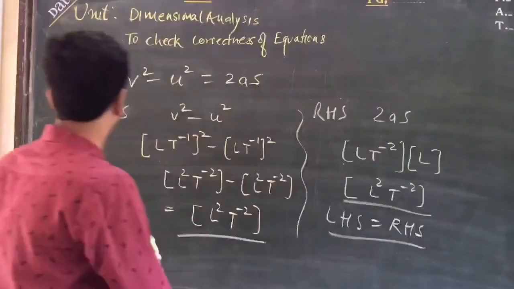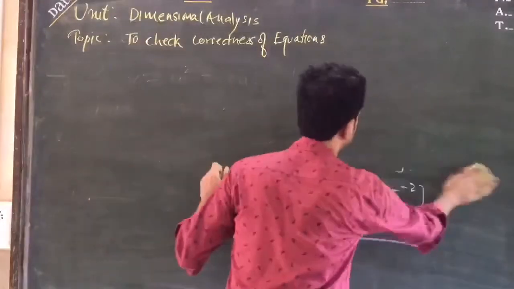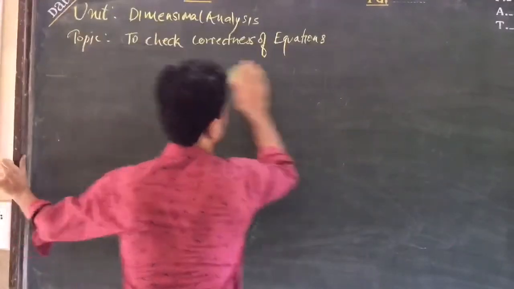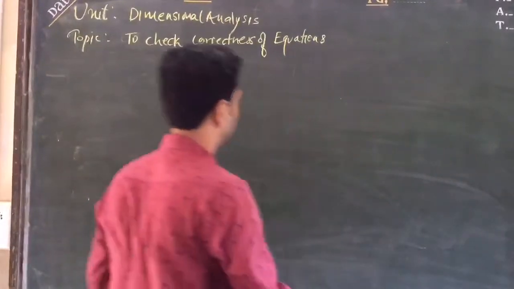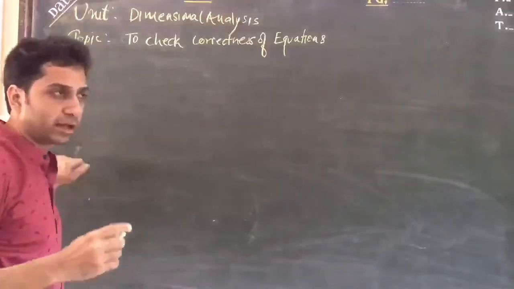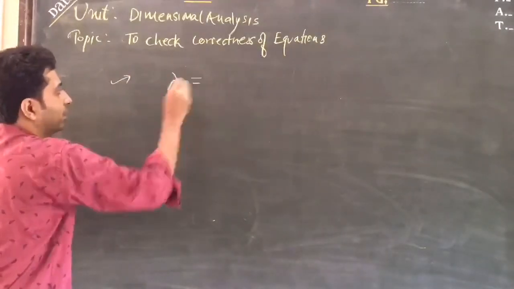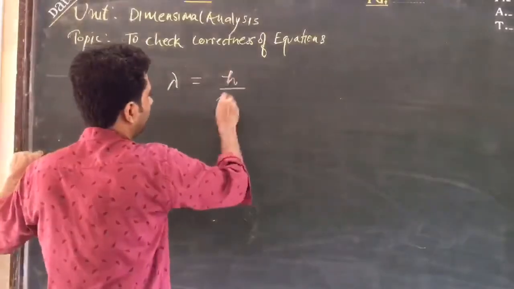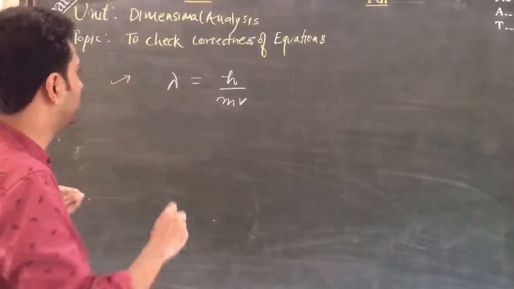I will do one more example to help you understand the concept. Suppose I take an equation for wavelength: lambda equal to h over mv.